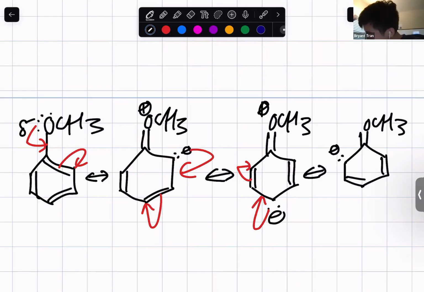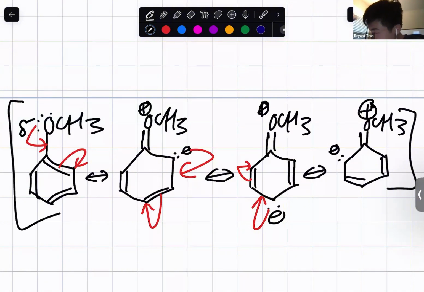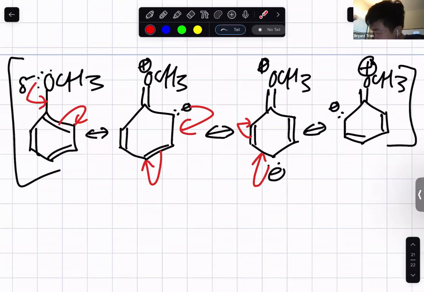Right. Now, these are the resonance structures that will be sufficient to explain the positions here. We notice that an EDG injected the negative charge into the system, which is the benzene here. And we see that the negative charges are going to be in these positions right here.